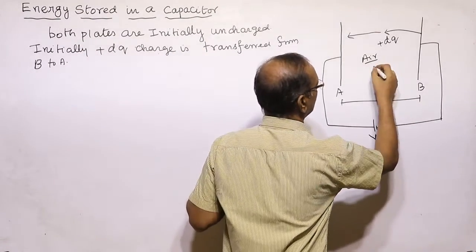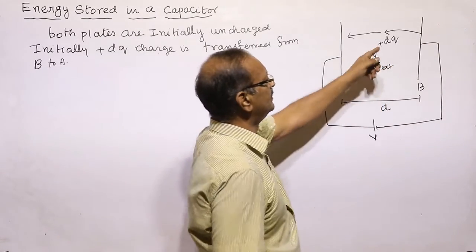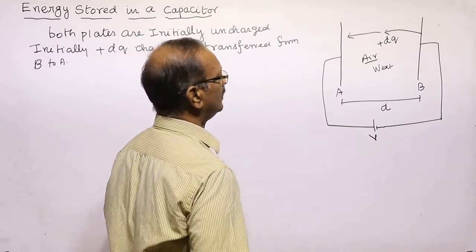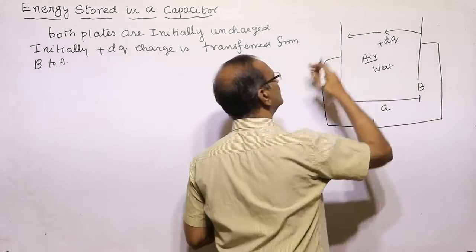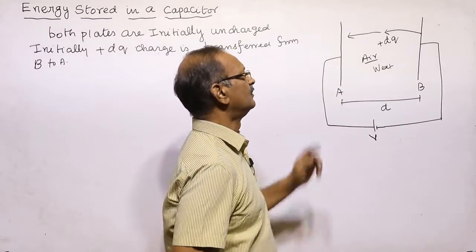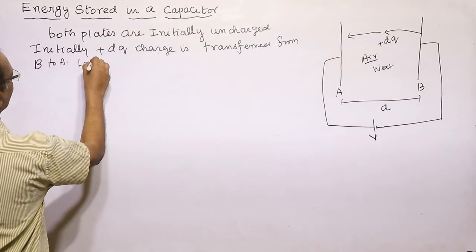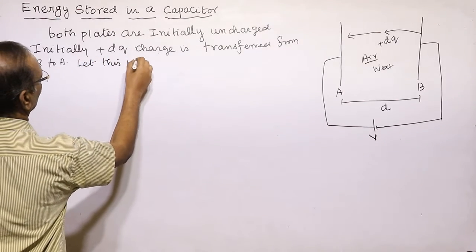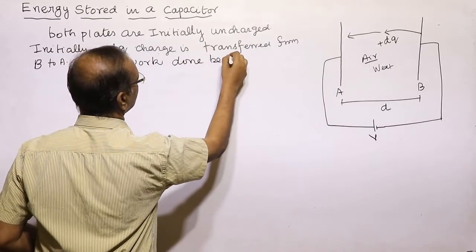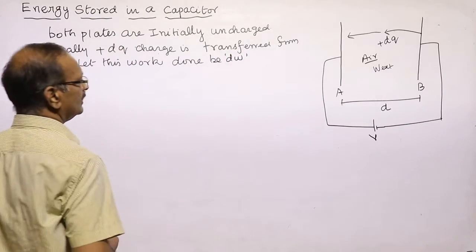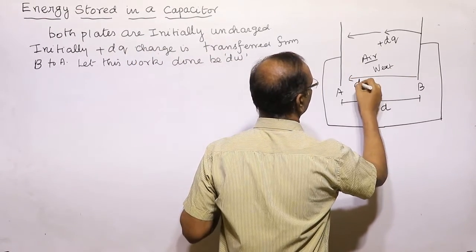So external work has to be done in transferring a small amount of charge, plus dq. That is done by the external battery. Let this work done be dW.